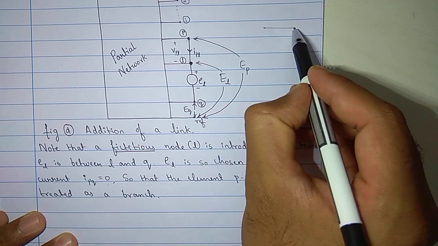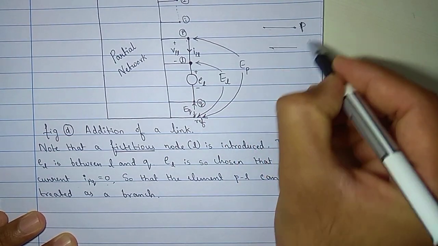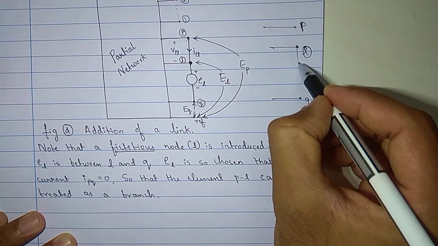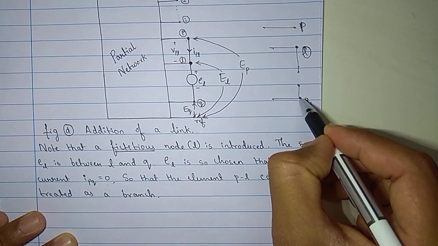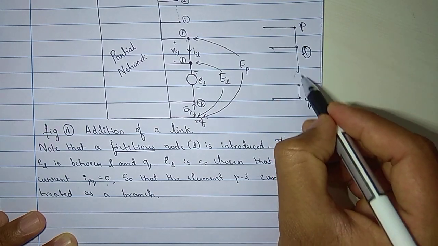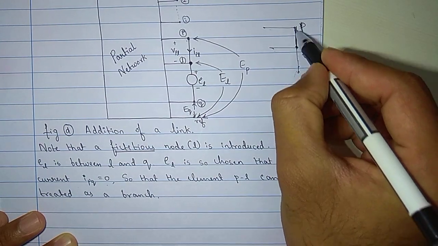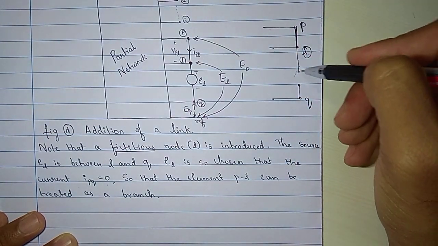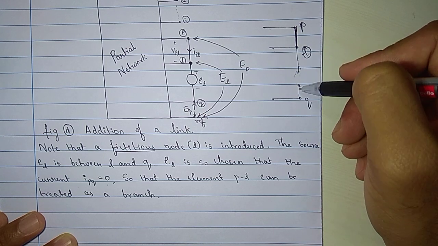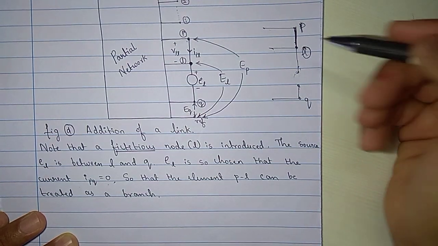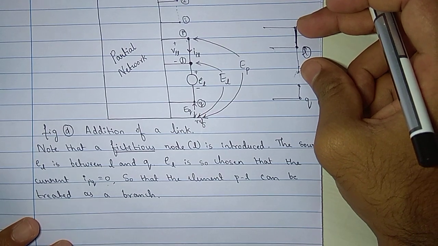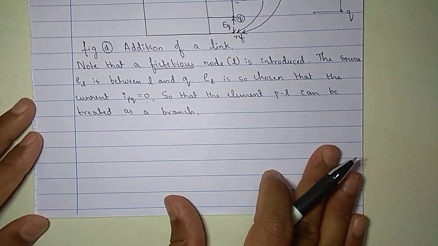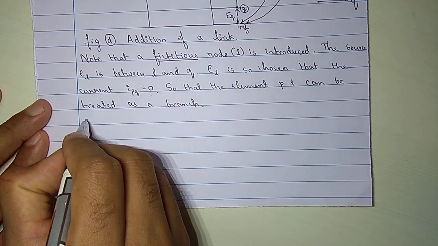It looks like this. This is P, this is L, and this is somewhere Q. And here I have connected this source EL. If I open this, then can I call this a link, or can I call this a branch? Because it is open connected. The source is open circuited, which means that the current is 0. If the current is 0, then I can assume it as a branch. Is that fine? Okay. The same way, next line.